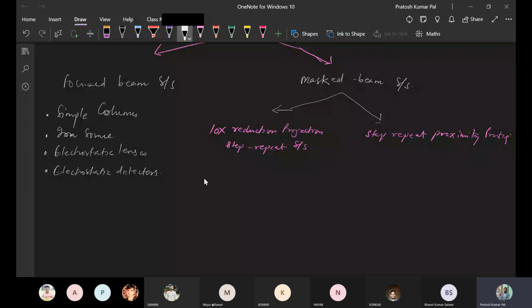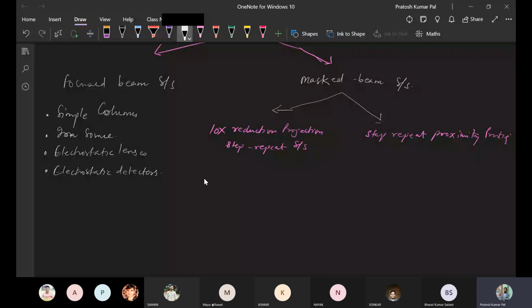Okay, and in case of the 10x reduction projection step repeat system, the 60 to 100 kilo electron volt ions are basically projected, and here higher energy ions are projected through a silicon mask. In this case, the accuracy, or we can call it the error, is coming out to be 0.1 micrometer.